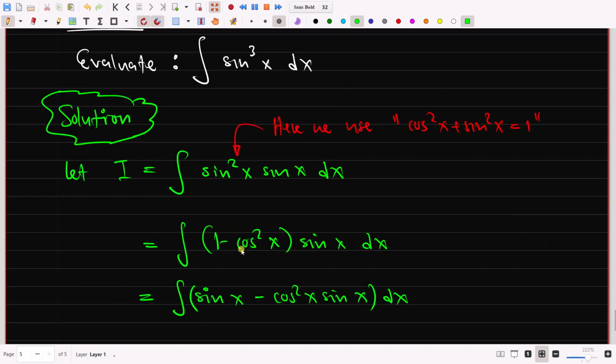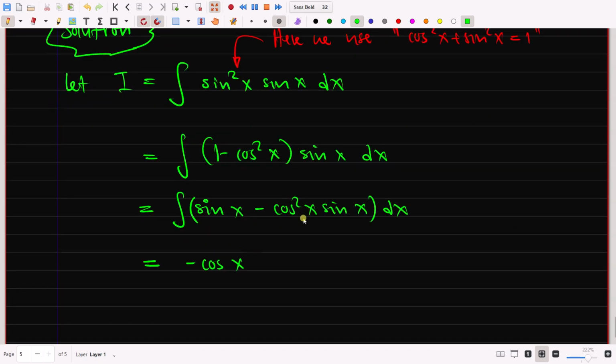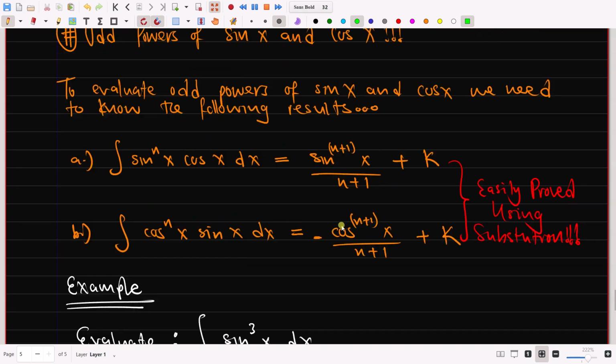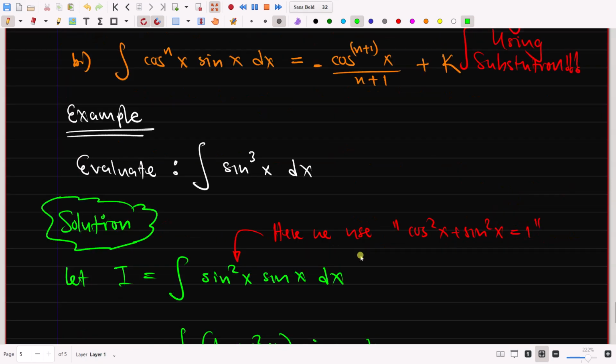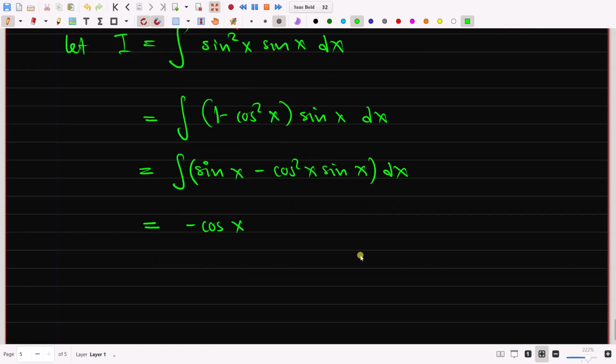So this is how you deal with odd powers of trigonometric functions. You always deal with them in that manner. So let's see another, different problem. We integrated sine cubed.